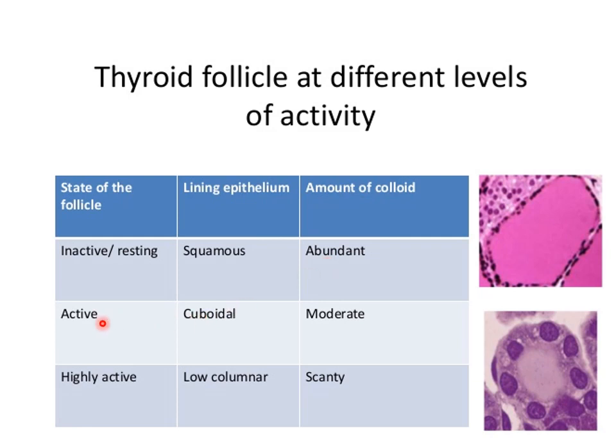When it moves towards an active state, the epithelium becomes larger, from squamous to cuboidal in shape, and there is a moderate amount of colloid. In a hyperactive gland, where there is release and secretion of the hormone under the effect of TSH, the epithelium becomes low columnar and the amount of colloid inside the follicle is scanty, because it is taken up into the cytoplasm for the release of T3 and T4 stored along with the thyroglobulin in the colloid.